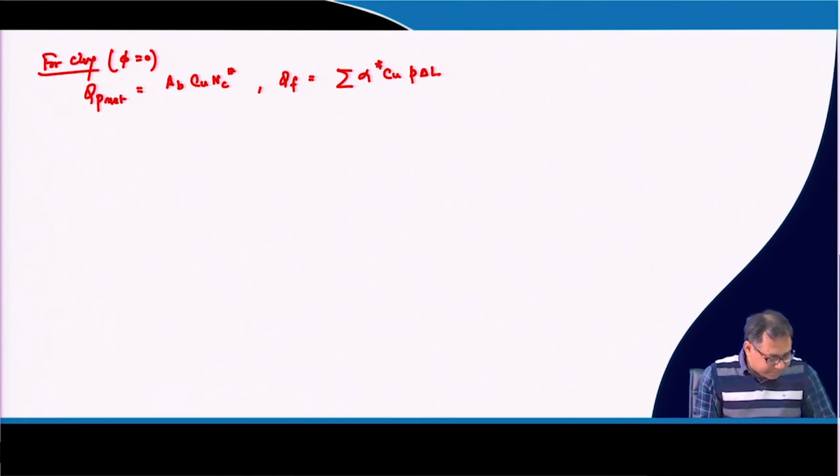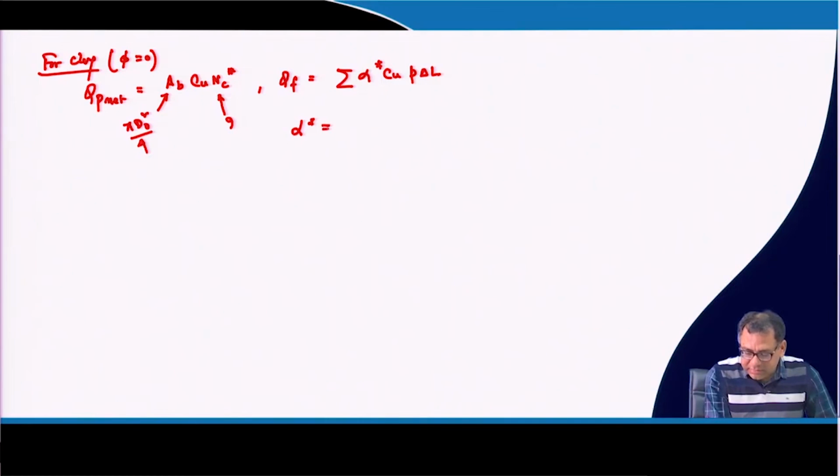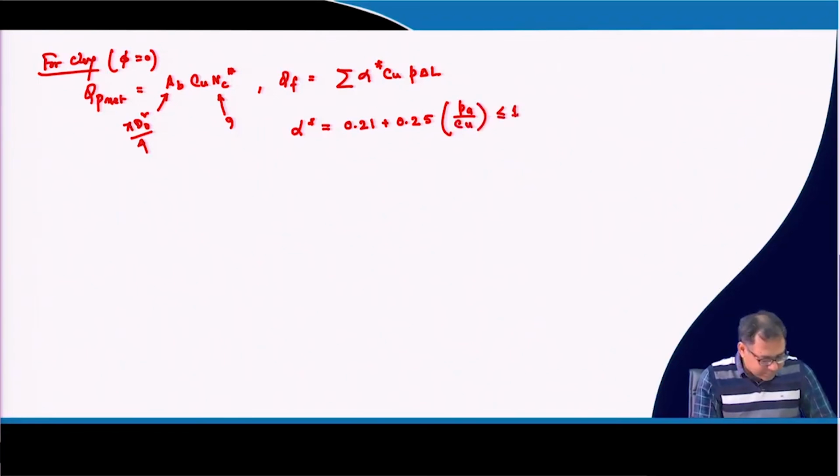Then here the NC dash is taken as 9 like the pile foundation, and AB will be pi D0 square by 4, and alpha dash is suggested as 0.21 plus 0.25 times PA divided by Cu, and that should be less than 1.